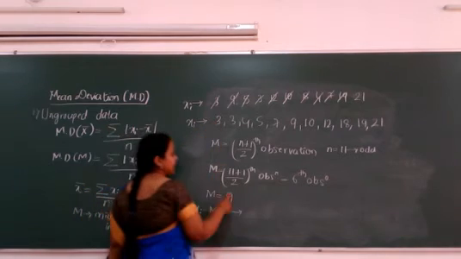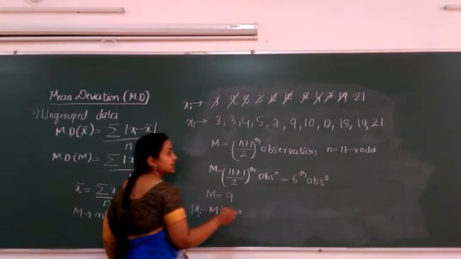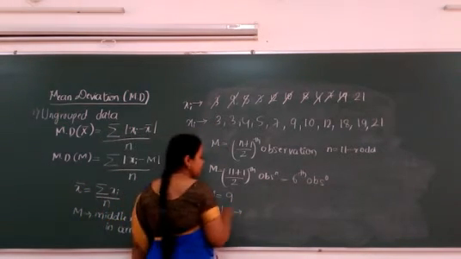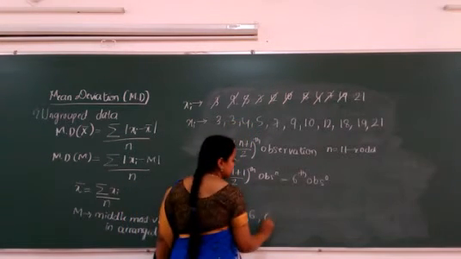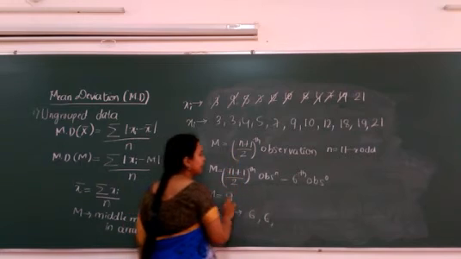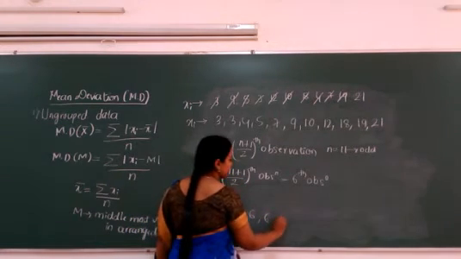So 3 minus 9 is minus 6. Modulus of minus 6 is 6. Next 3 minus 9, 6. Next 4 minus 9, it is 5.